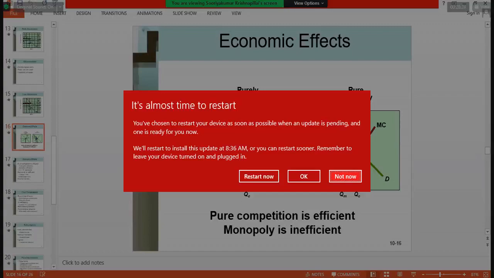So we are losing some allocative efficiency. And also the price is not equal to the minimum average total cost, so there is no productive efficiency.